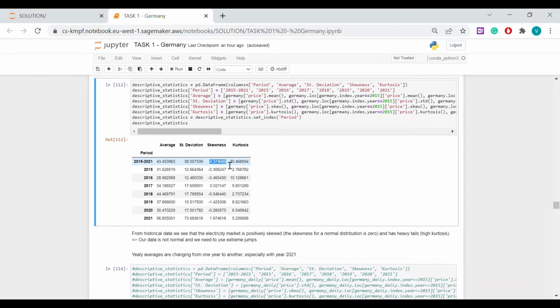Remember that the skewness for a normal distribution is 0, and it has heavy tails, basically from the high kurtosis. So our data is not normal. And also we can see that our averages are changing from one year to another, especially in the year 2021, where the value is almost 3 times higher.